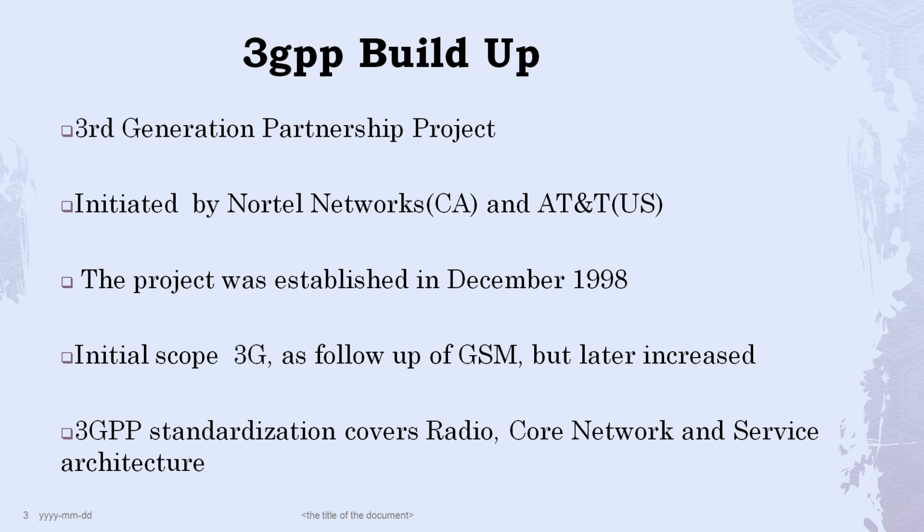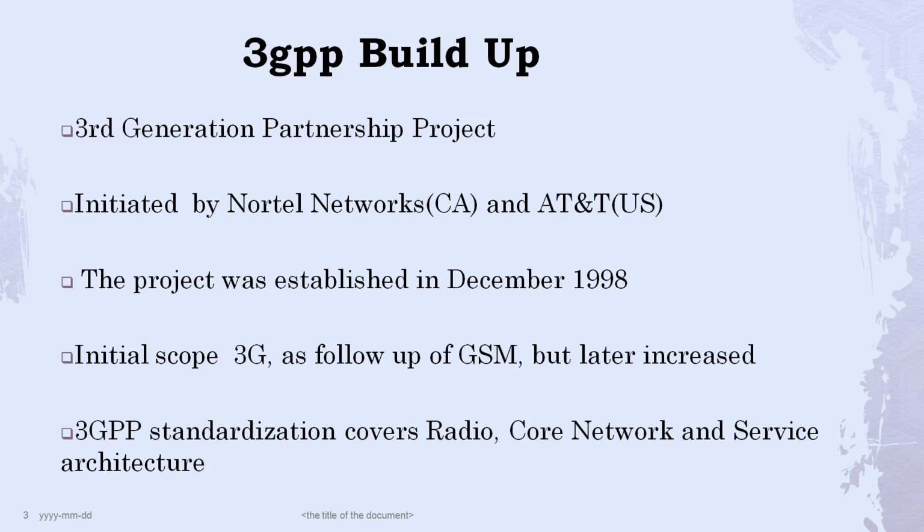The plan for 3GPP was to create standards for the 3G UMTS technology as a follow-up of GSM, GPRS and EDGE, which was the first phase 1, phase 2, and up to release 98, I think. But that wasn't the case.